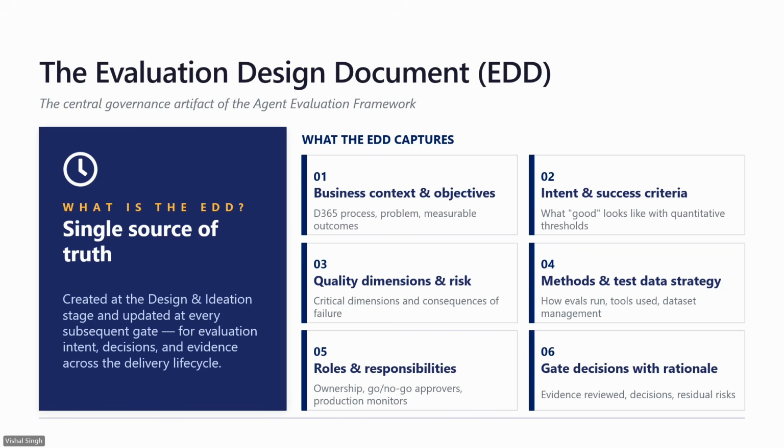The fourth is the methodology and test data strategy: how evaluation runs, the tools, and how the data set is built and maintained. The fifth is roles and responsibilities: who owns each stage, approves go, no-go, and watches quality in production. And the last one, the sixth, is the gate decision with rationale, a running log of what was decided, evidence reviewed, and residual risk accepted.